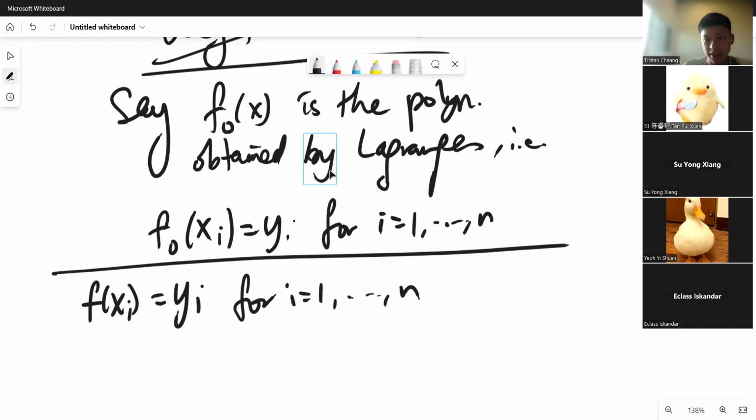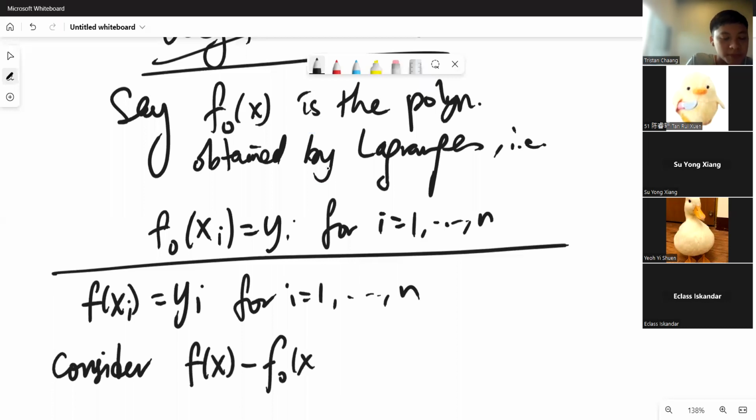Subtract, yes, subtracting is good. So consider the polynomial f(x) minus f naught(x).